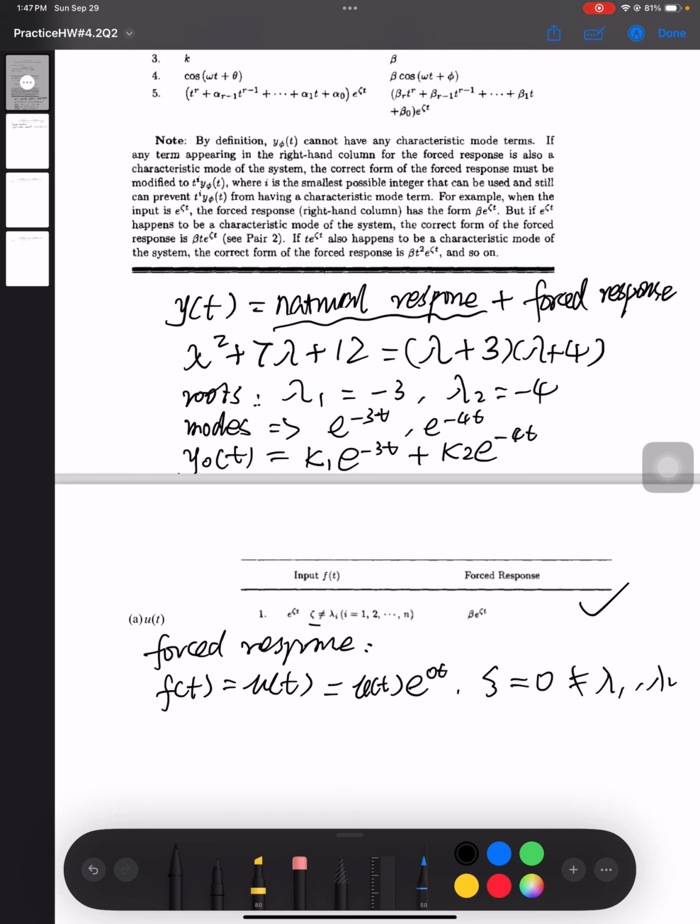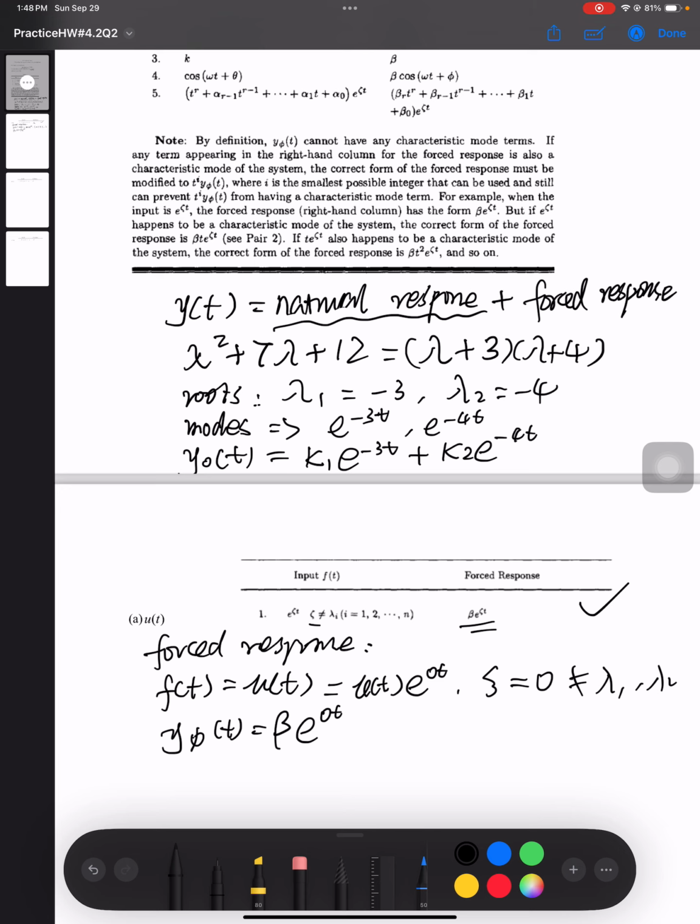So we can get the forced response equals beta e^(0t).